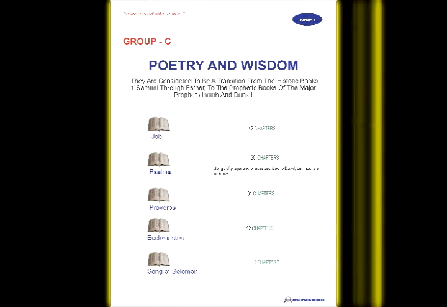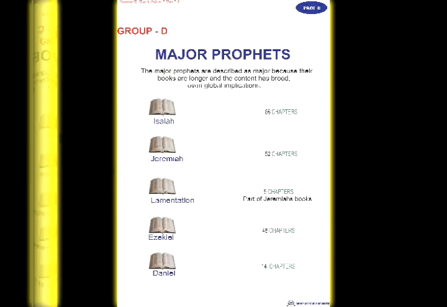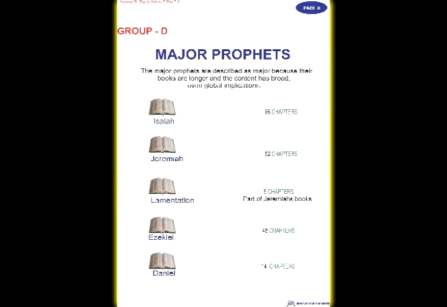Okay. We move to the major prophets. So the major prophets are 5. They are described as major because their books are longer and the content is broad, even with global implication.